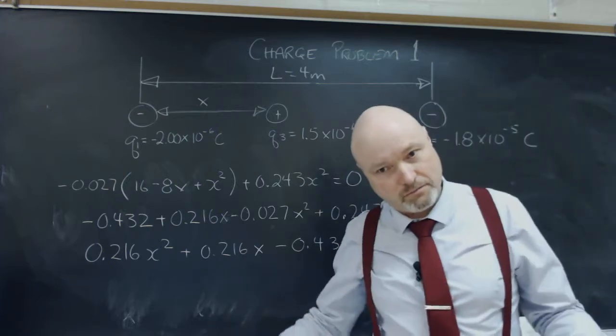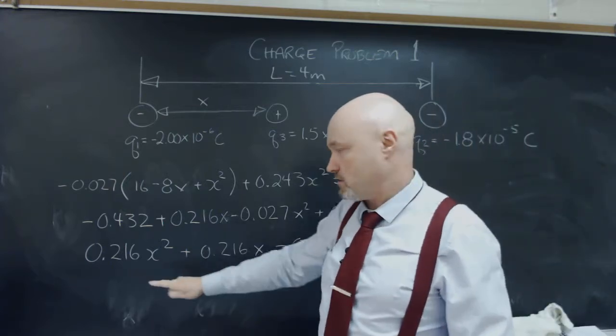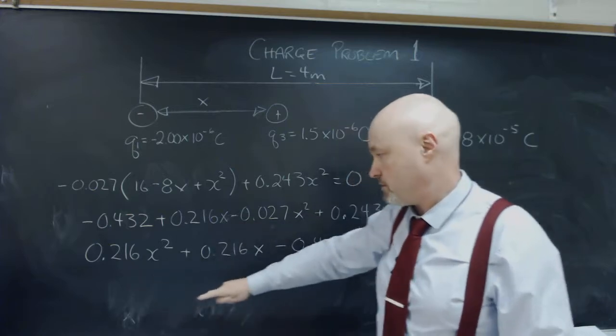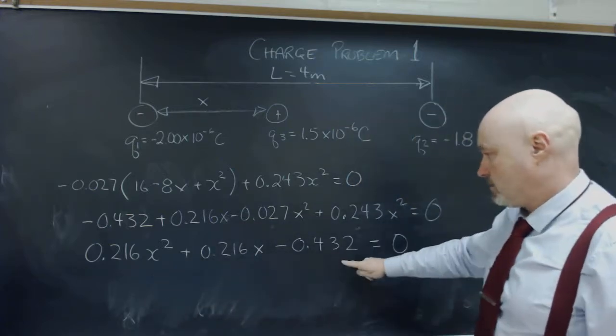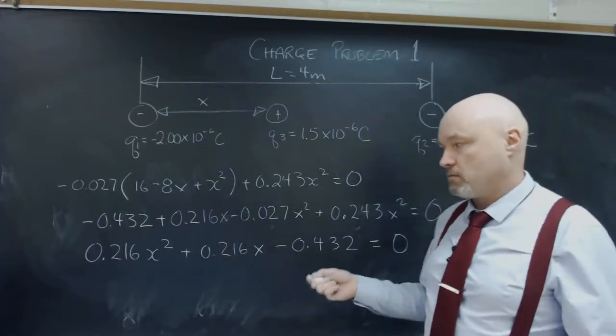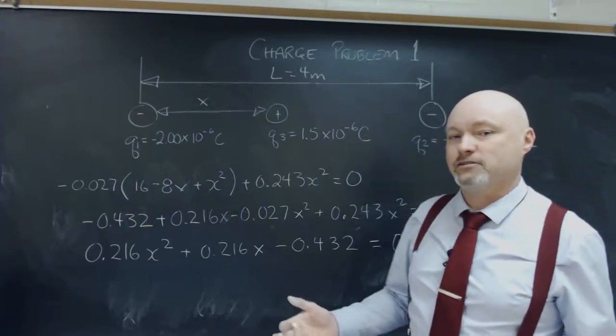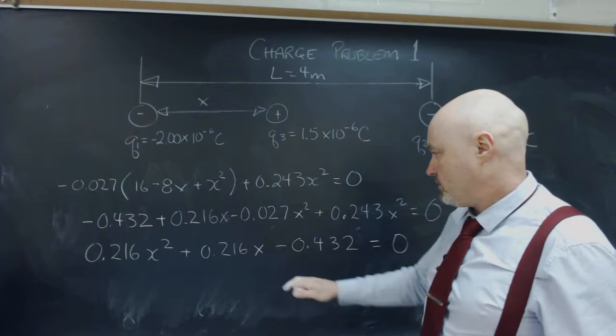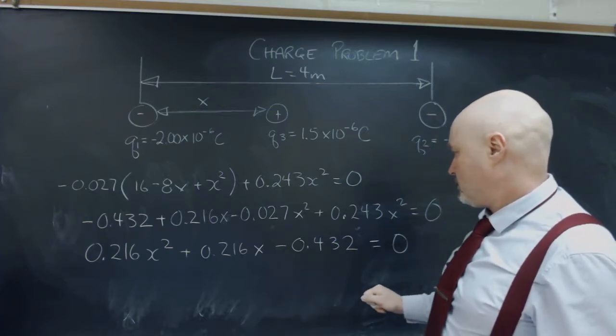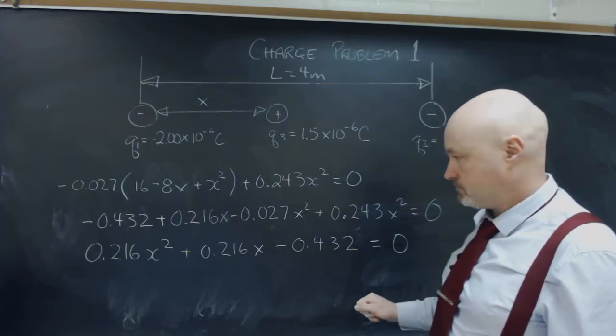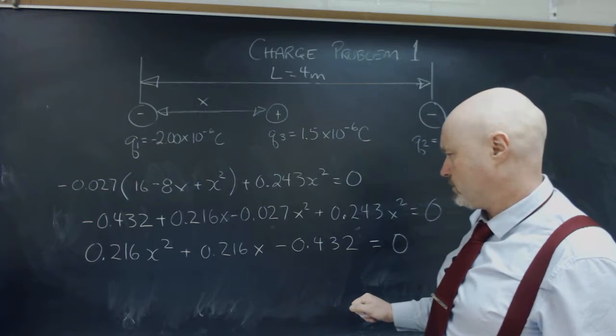You can do this a couple of ways. You could do this using the quadratic formula. There's your a, there's your b, there's your c. Now this problem happens to have been contrived so that x is a really nice number. And we can actually find this out by dividing through by 0.216.